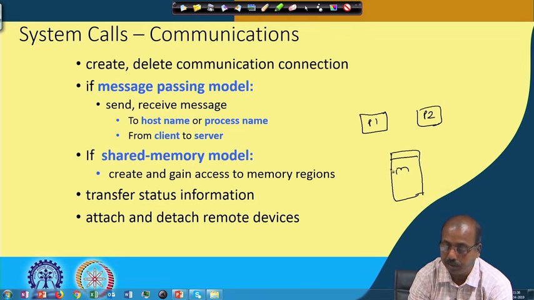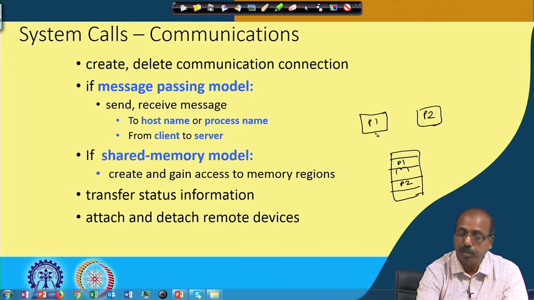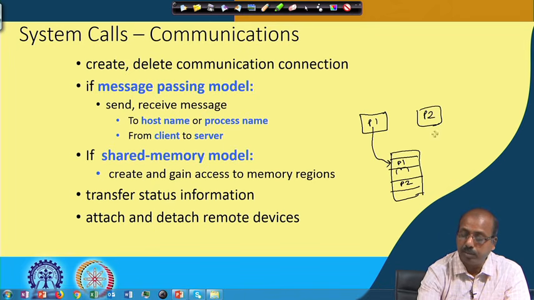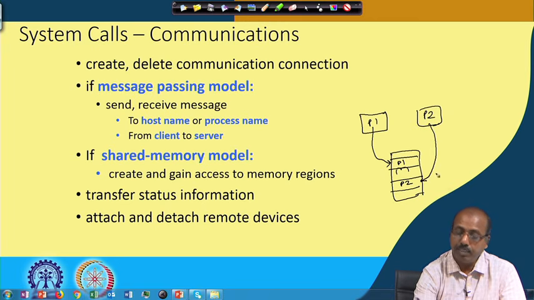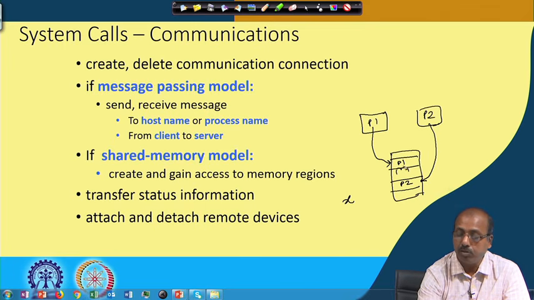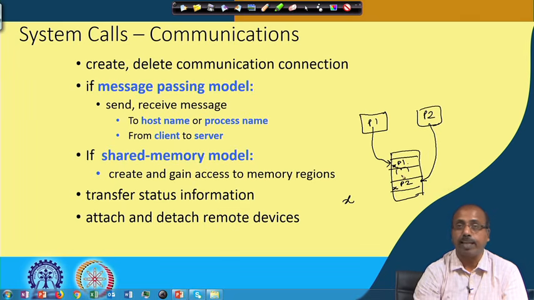This may be the portion of the memory dedicated for P1, and this may be the portion of the memory dedicated for P2. Normally when P1 is running, it will be executing this piece of code and P2 will be executing this piece of code. Now, if there is a variable x which P1 and P2 want to share between them, there is no way, because the copy of x that I have in P1 is this memory location here, and the copy of x that I have in P2 is that one. So, they are not the same x.